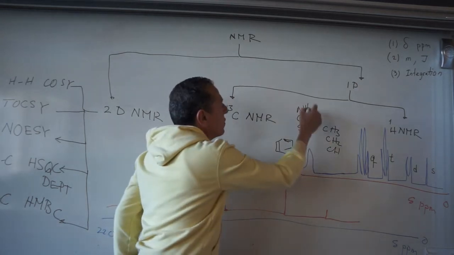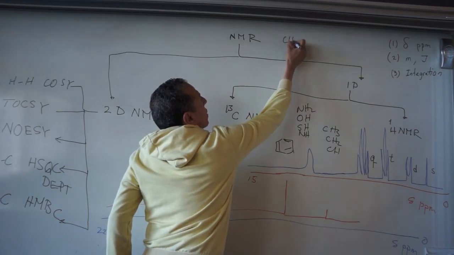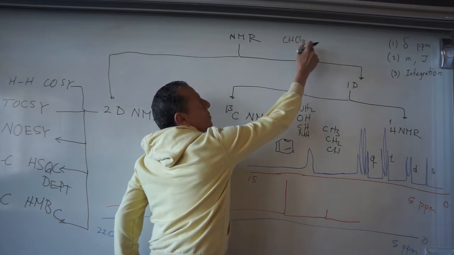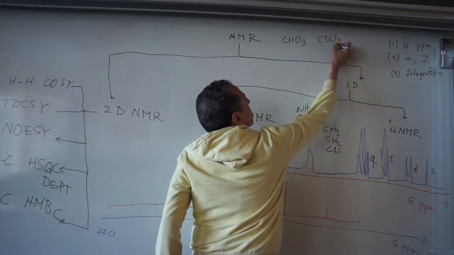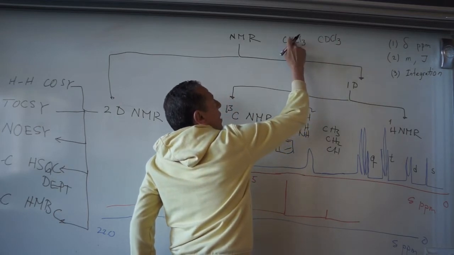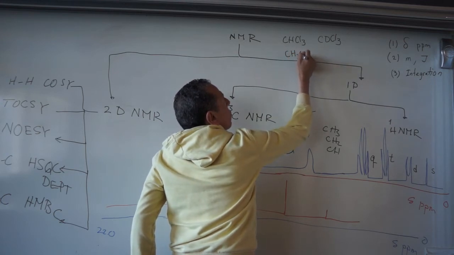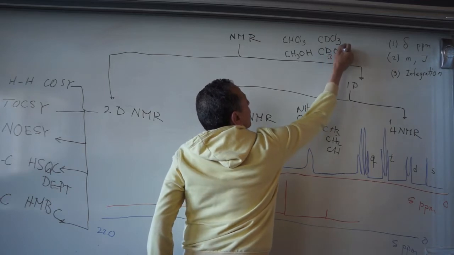If you would like to prove it, of course, you prepare the NMR in deuterated solvent, like for example, chloroform. This is a normal chloroform, but when you prepare the NMR, it must be deuterated, so you must use deuterium solvent. Deuterium means you substitute hydrogen by deuterium, or like in methanol, CH3OH, the deuterated solvent will be CD3OD.